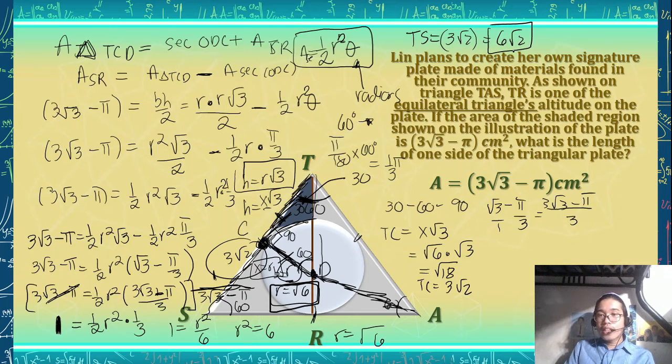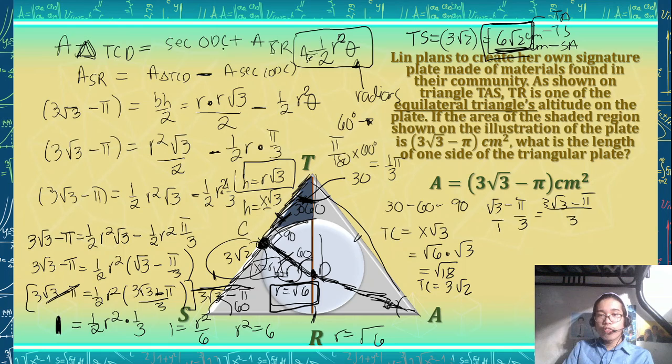So therefore, that's the side measurement of the triangle. That's going to be the side measurement for all of the sides of the triangle. So therefore, TS measures 6 square root of 2 centimeters. The measurement of SA is also 6 square root of 2 centimeters. And the measurement of TA is also equal to 6 square root of 2 centimeters.